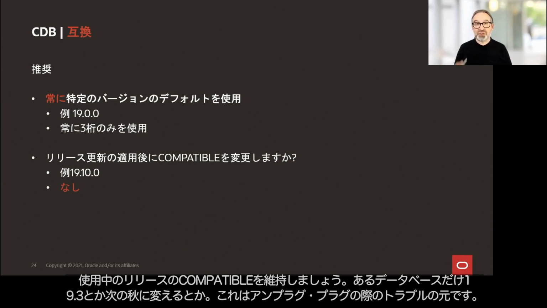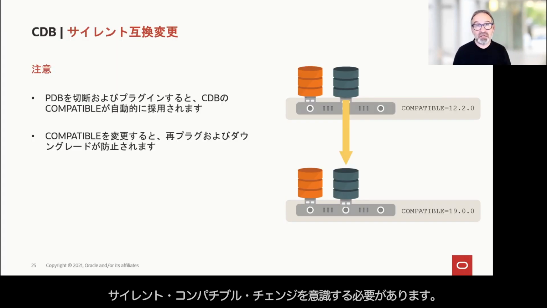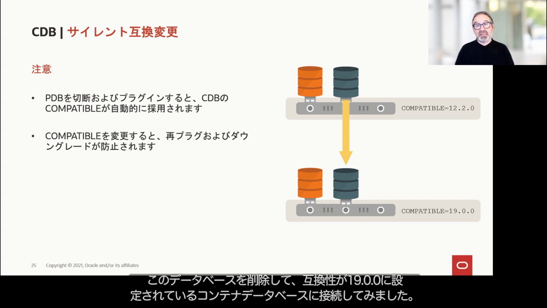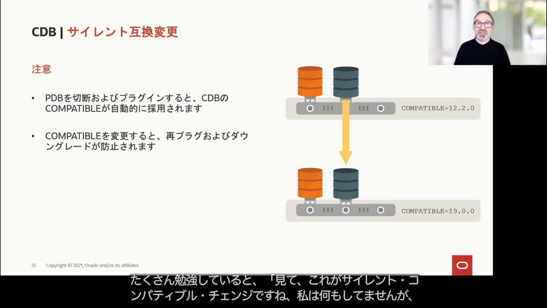This just gives you trouble because when you unplug and plug, you need to be aware of the silent compatible change. In the example here, we have a pluggable database in a container database where compatible is set to 12.2.0.1. Now I unplug it and I plug it into a container database where compatible is 19.0.0. That works fine. When you study the alert log, you will find out, oh, there's a silent compatible change.